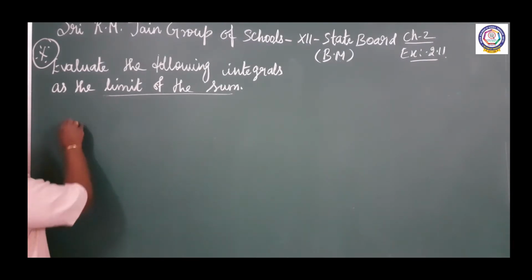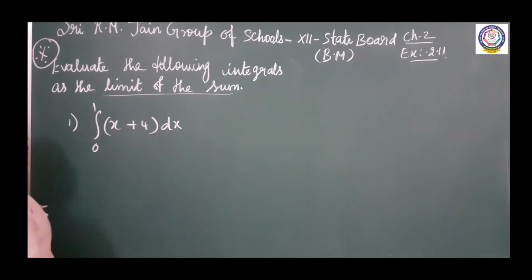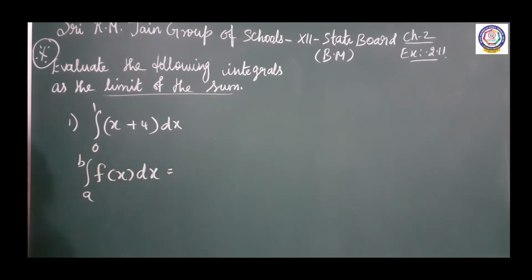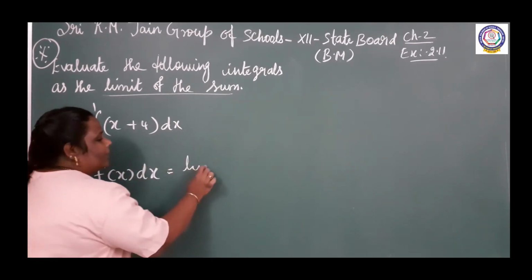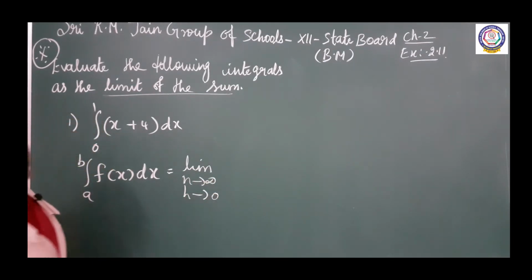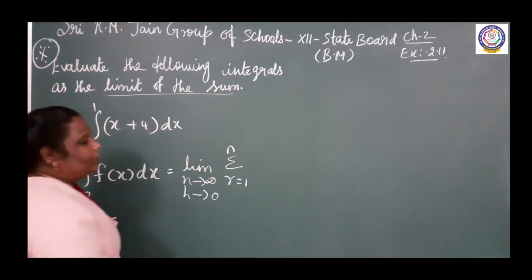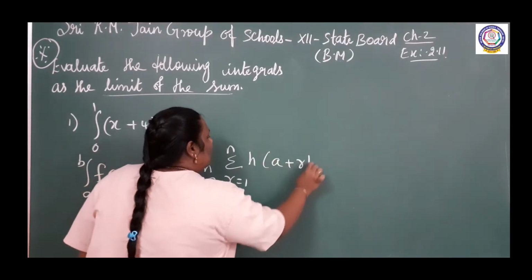See the first sum: integral 0 to 1 of x plus 4 into dx. You know very well how to do the sum by the normal method when the limits are applied. But here it is given as the limit of the sum, so you should do it in that method only. Integral a to b f of x dx equals limit n tends to infinity, h tends to 0, sigma r equal to 1 to n, h into f of a plus rh.